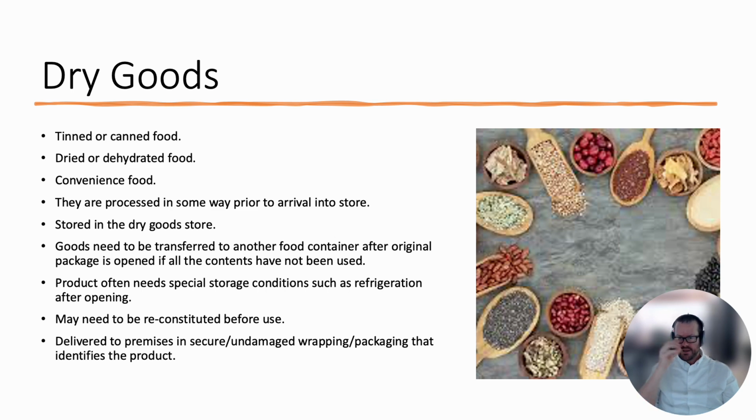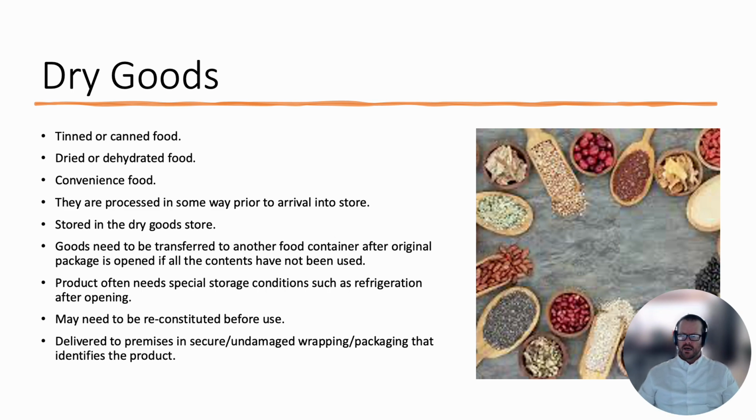Generally we keep them in the dry store area. Dry store area, as we should already know, is a room temperature area, should be between 18 and 24 degrees. Any higher than that, and you risk making products sweat or overheat, which means that they can spoil.